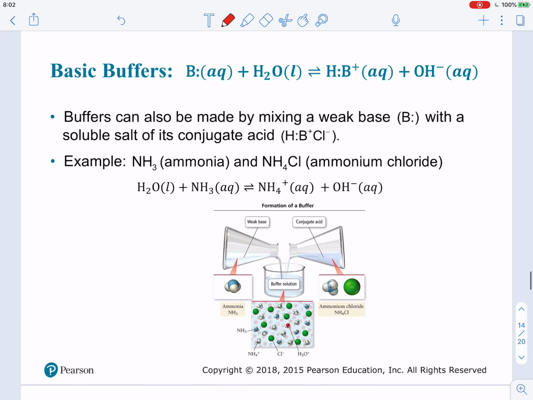Now, if you have a base, preparing a basic buffer is not different from preparing an acid buffer. You will need significant amounts of the base and the conjugate acid. However, there is a special consideration that we make here, because when you're working with these buffers, the basic buffer, whenever you look at tables of constants, the pKa's of everything are more frequently published than the basicity constants.